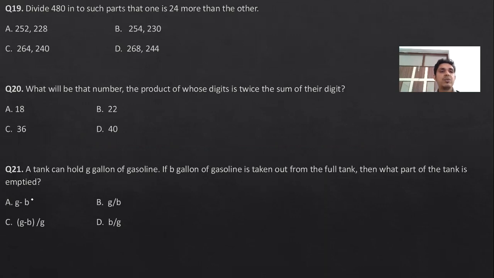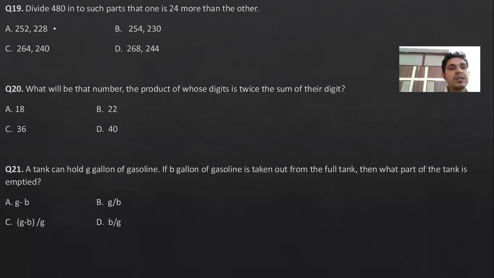Okay, coming to the next question. The question is: divide 480 into such parts that one is 24 more than another, right? Okay, so what we have to do is check in the given options that the sum should be 480 and the difference should be 24, right?